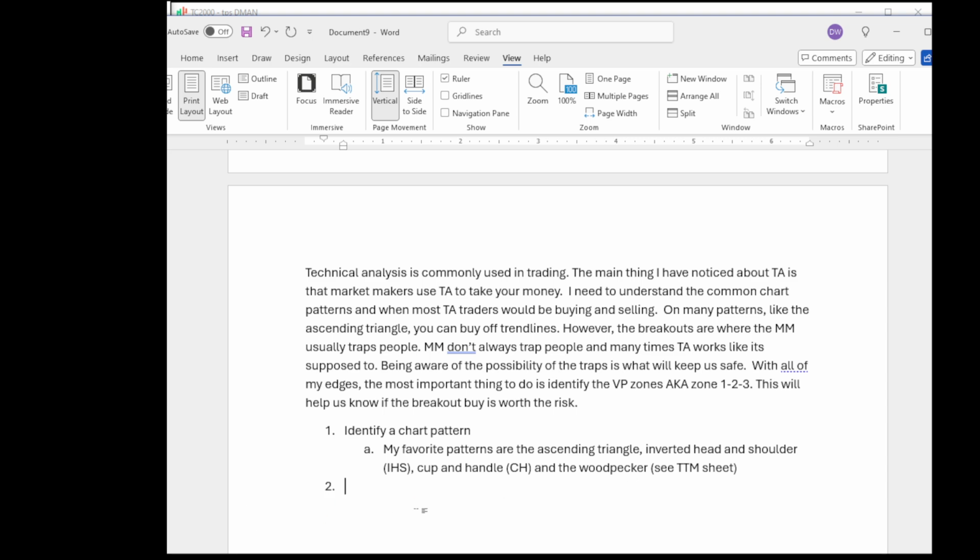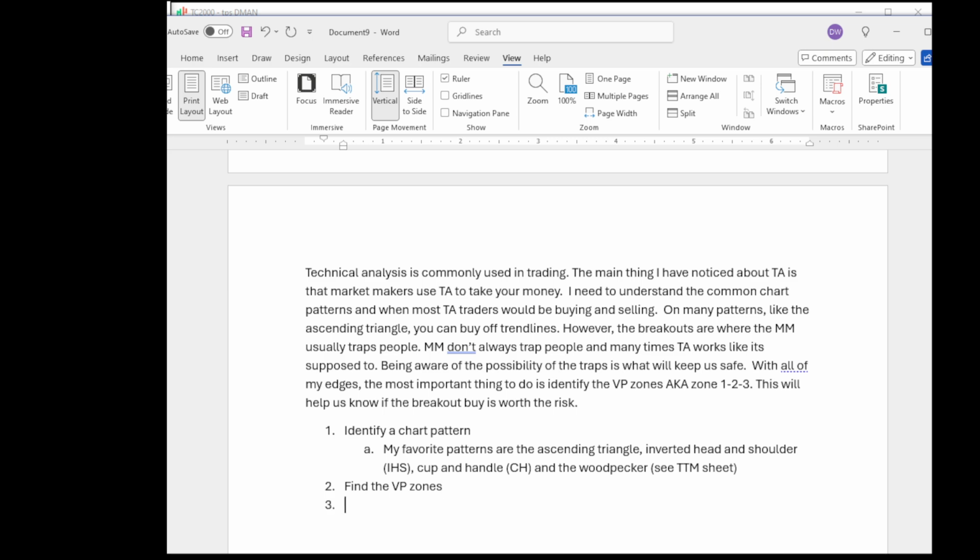Okay. So the next thing is what do we do after we identify chart patterns? I would say after you've identified the chart patterns, and if you guys disagree, this is for open discussion. What I usually do is I usually go in and like let me find the VPs. Find the VP zones.